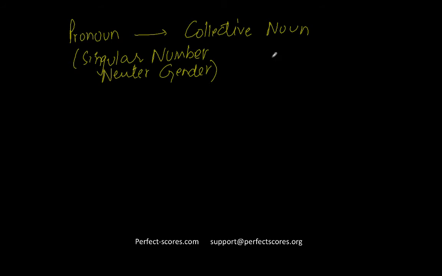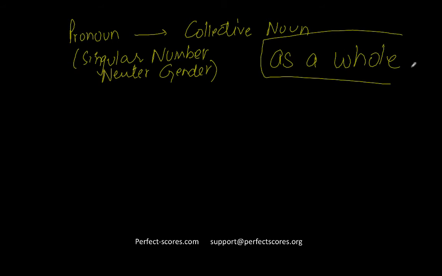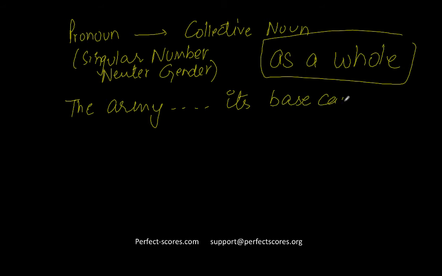That means we need to view the collective noun as a whole, not as a sum of different parts. For example, the army has arrived at its base camp. Or the herd of elephants was trying to find the land on which it arrived last year.